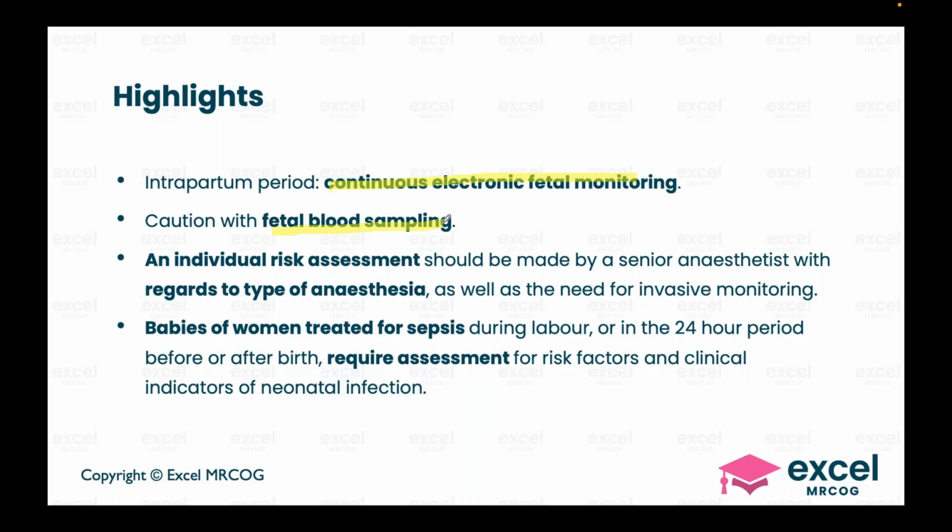But the new guideline does not mention anything specific; it says it is the call of the senior anesthetist, because even general anesthesia may not be entirely safe if she has lung compromise or pulmonary infection. So the type of anesthesia would need to be decided by the anesthetist.